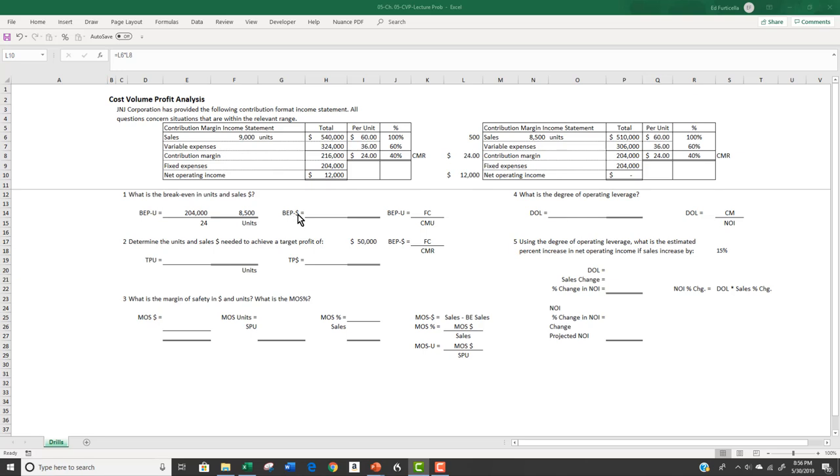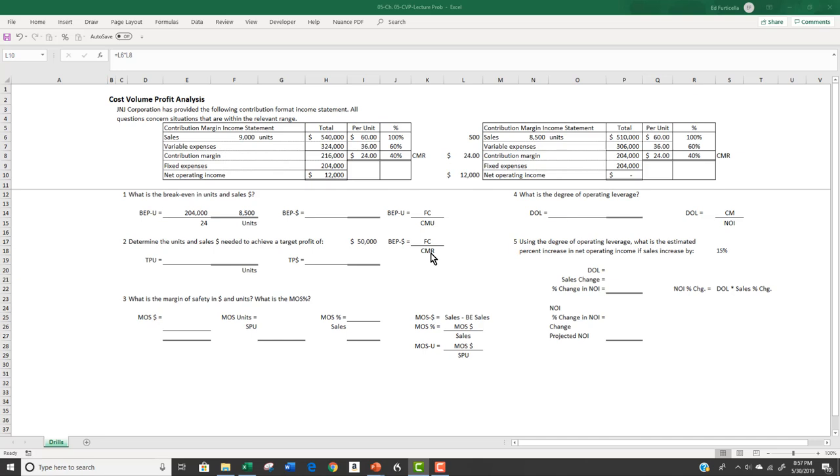Determining the break-even sales dollar amount can be accomplished by multiplying the selling price of $60 times the 8,500 units, or by dividing the fixed cost by the contribution margin ratio.